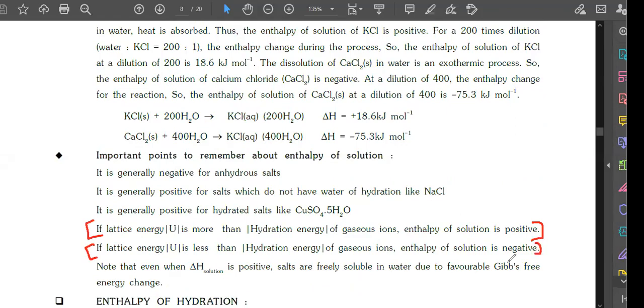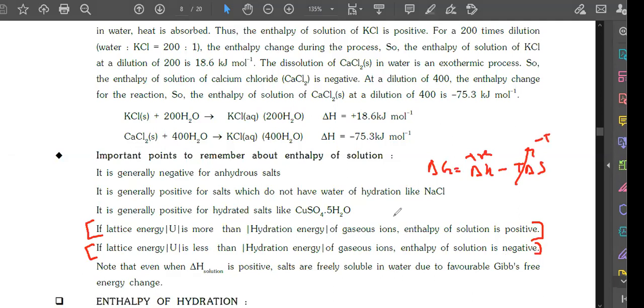And in order for this salt to be freely soluble, delta H should be negative. But again, because of some exceptions, when temperature is increased, because we know that delta G is equal to delta H minus T delta S, even if delta H is positive, if this term becomes more negative, then it will also dissolve.